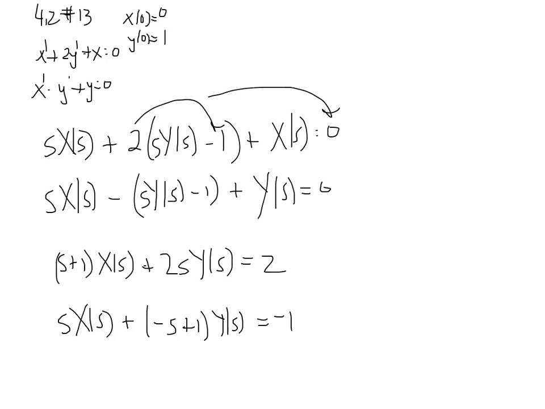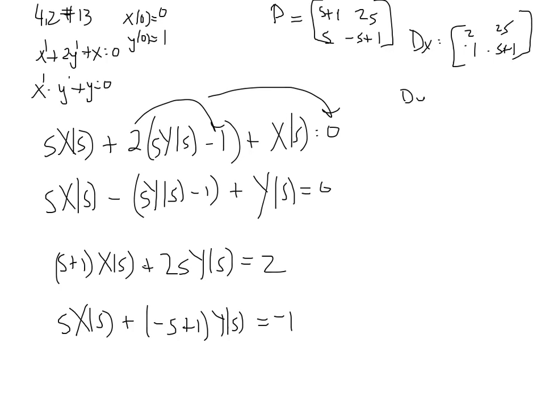Alright, now we're going to have to use Cramer's rule, and I'm really not going to have space. Let's see what we can do. We're going to have our D matrix is going to be our coefficients, s plus 1, 2s, s, minus s plus 1, and our d sub x is going to have 2, negative 1 there, and then it'll have 2s and minus s plus 1 there.